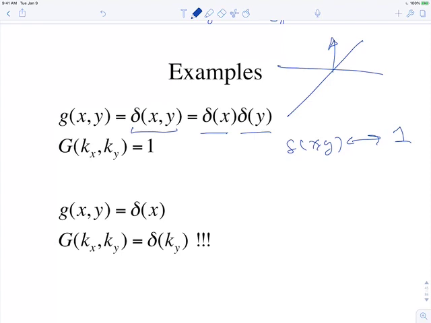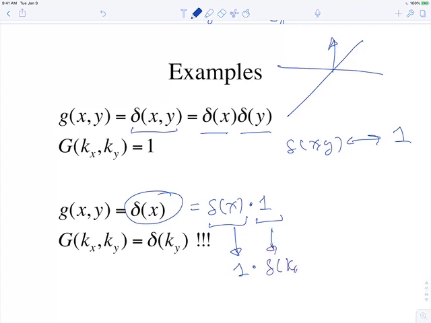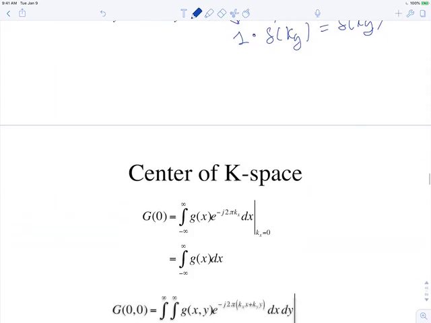But if we imagine a one-dimensional function, delta x is actually equal to delta x times 1. So we need the Fourier transform of this, which is just 1, multiplied by the Fourier transform of this. This is sort of 1 in the y dimension, so it's going to give me delta ky. So this is equal to delta of ky. That's how we use separability.